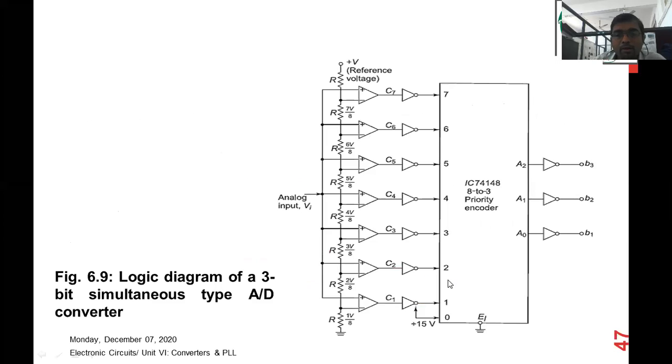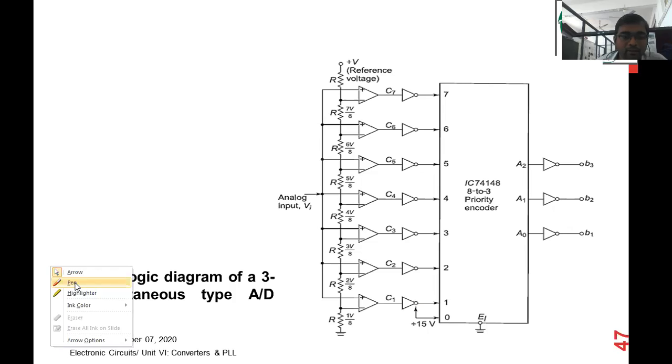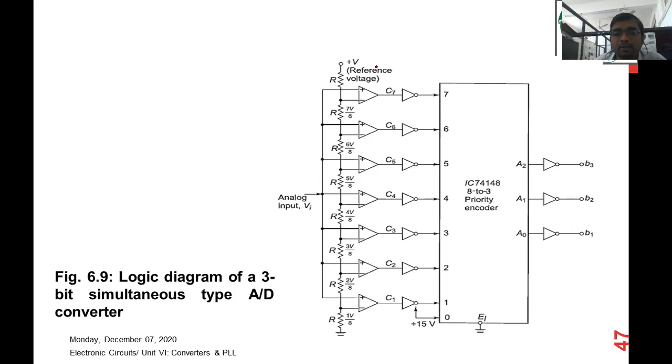So you can see here the diagram, this is the logic diagram for the 3-bit simultaneous type A to D converter. Up to the converter section, the connection is the same as we referred to in the previous diagram, but as the output of the comparator is active high, and this 8:3 priority encoder accepts only low inputs, what we have done here is connect the output of each comparator to an inverter.